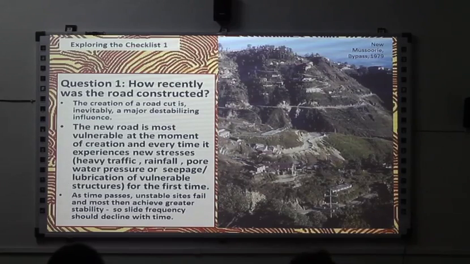You've got beginning of pressure release from the rock that's being exposed, weakening joints. You've got the fact that the hill slope upside may or may not be perched securely after you've taken a chunk out of it for the road cut. And all of this, you wonder whether it's going to stay there.